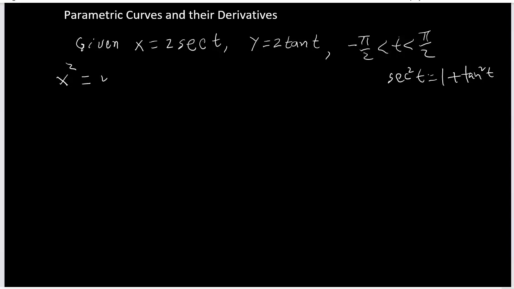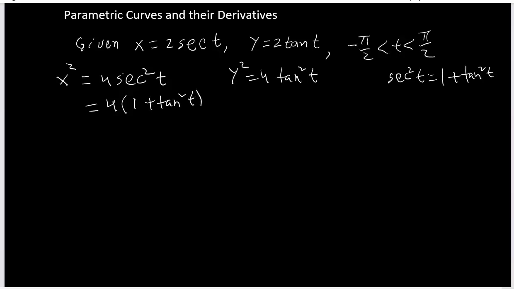x squared equals 4 secant squared t and y squared equals tangent squared t. So when you replace secant squared by 1 plus tan squared t, and if you distribute the 4, you can see we are getting 4 plus 4 tangent squared t.